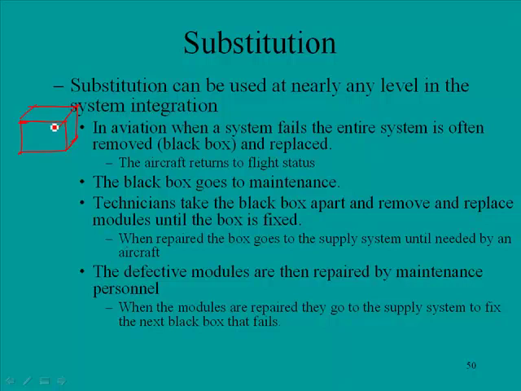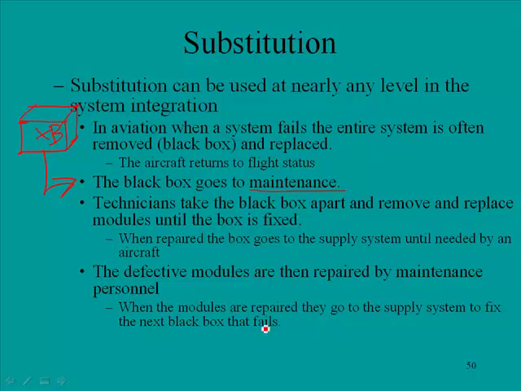So what they would do, and this would be major substitution, is take this entire black box out and take a known good black box, plug it in, and the radio works, and the pilot flies away. The bad box now goes down to maintenance, and the technicians have to fix it. They take the black box apart, remove and replace modules until the box is fixed.